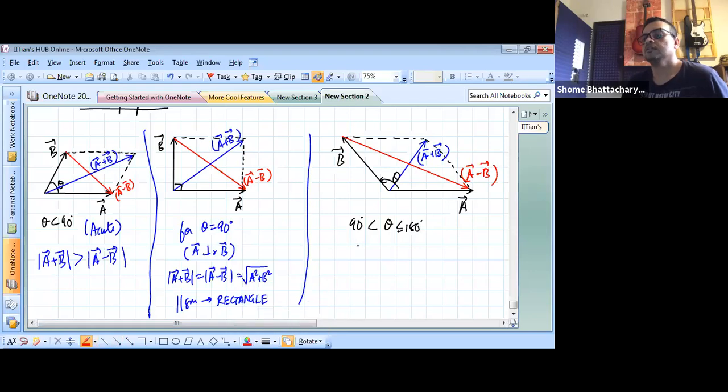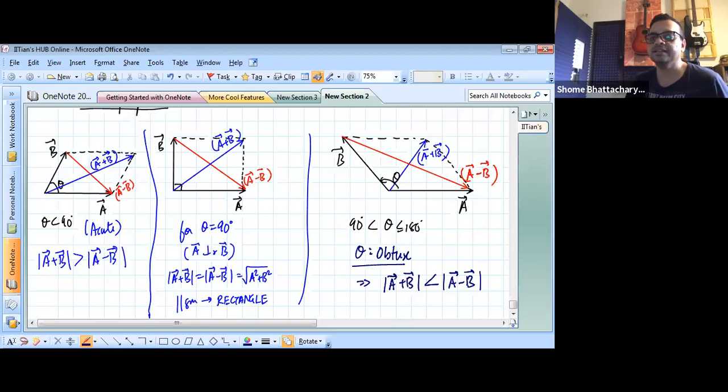So you can see that theta is obtuse. When that happens, immediately A plus B becomes less than A minus B. Whereas when theta is acute, A plus B is longer.